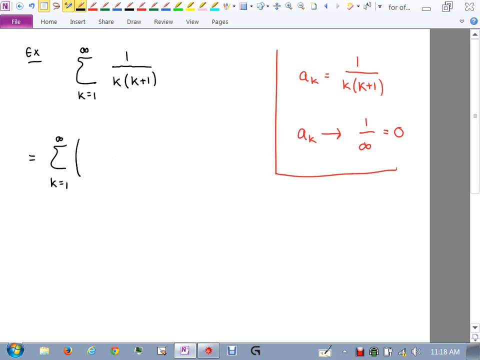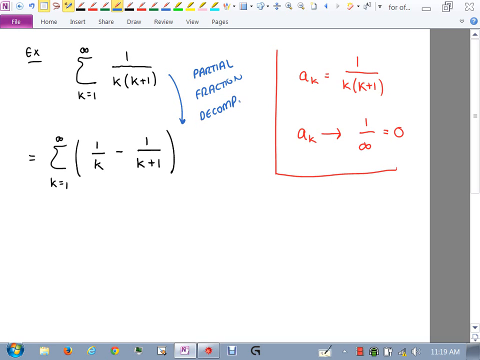This decomposes into 1 over k minus 1 over k plus 1. So that step from here to here is partial fraction decomposition. Y'all know what I'm talking about there? I mean, we have done it.